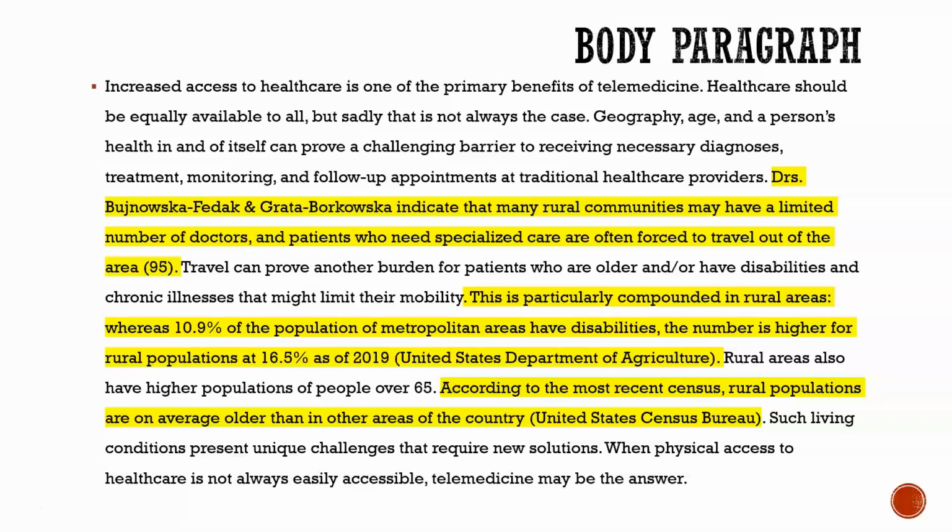So I found that this problem in accessing healthcare is particularly difficult in rural areas because whereas 10.9% of the population of metropolitan areas have disabilities, the number is higher for rural populations at 16.5% in 2019. And then once again, I haven't quoted directly, but those numbers definitely did not come out of my head.